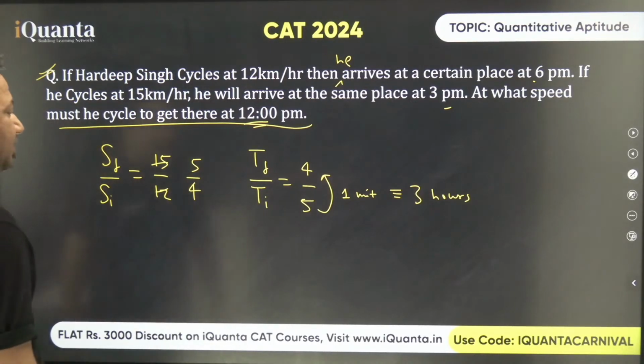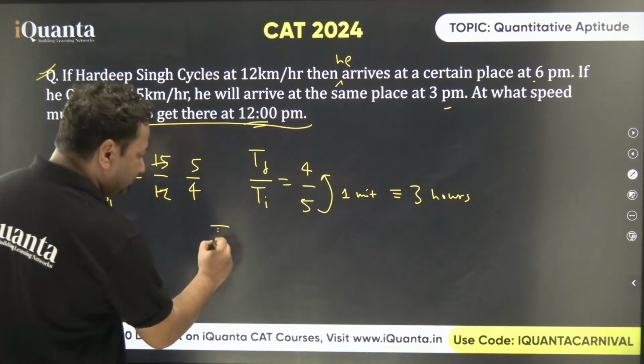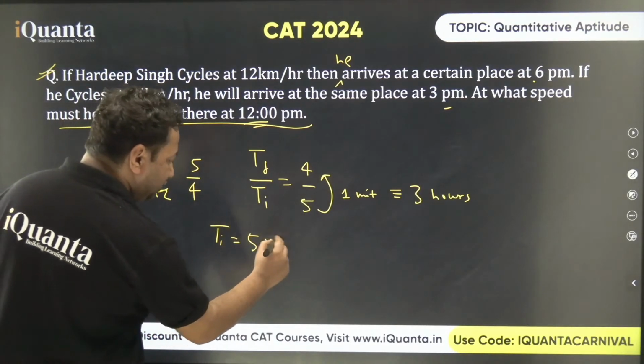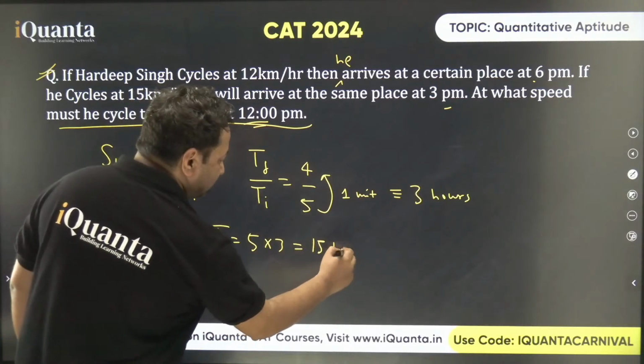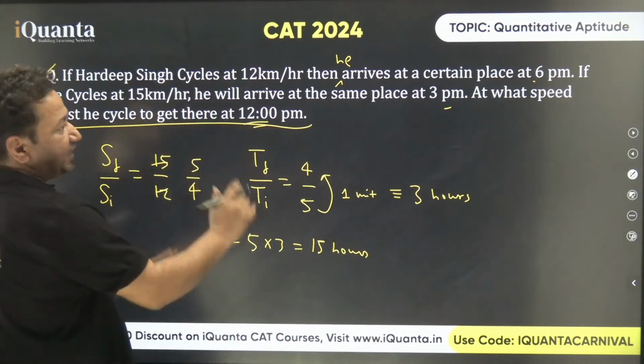What should be done? So by the way, the initial time Ti is equal to 5 into 3, I can say 15 hours. So this was when he reached at 6 p.m.